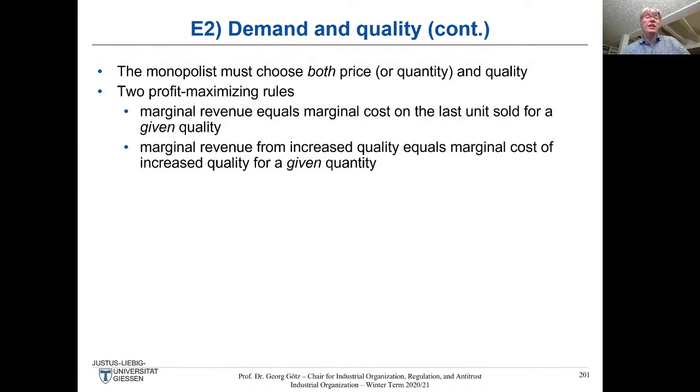Now, given that the monopolist now must choose both price and quality, we have two profit maximizing rules.